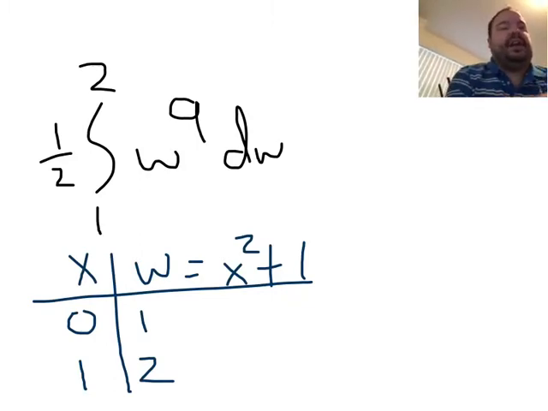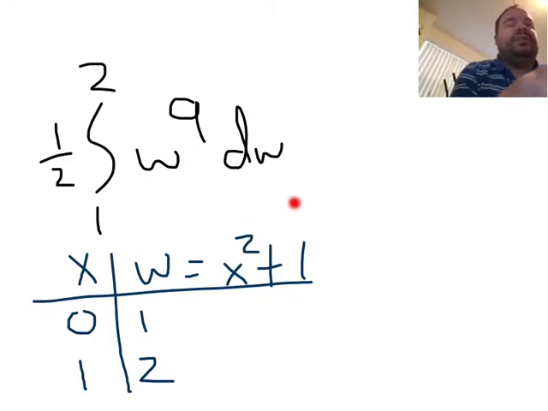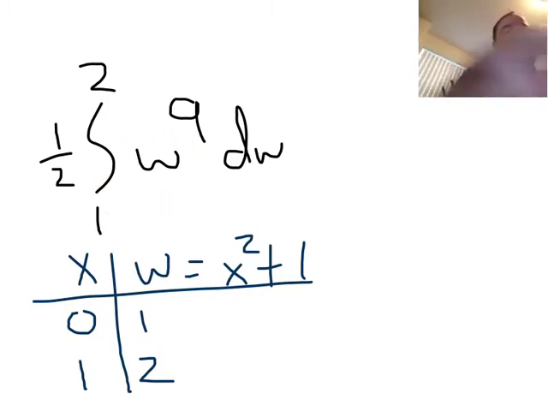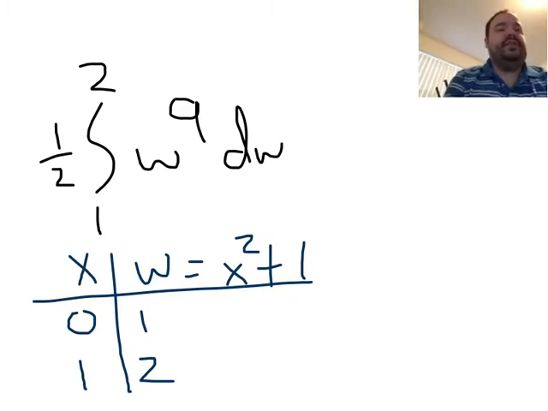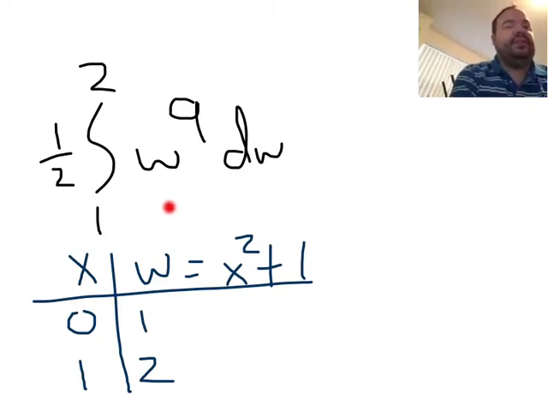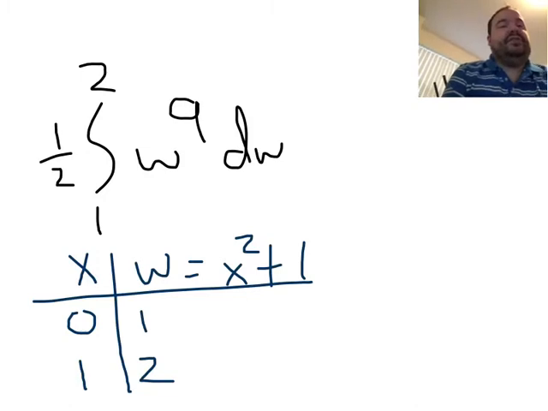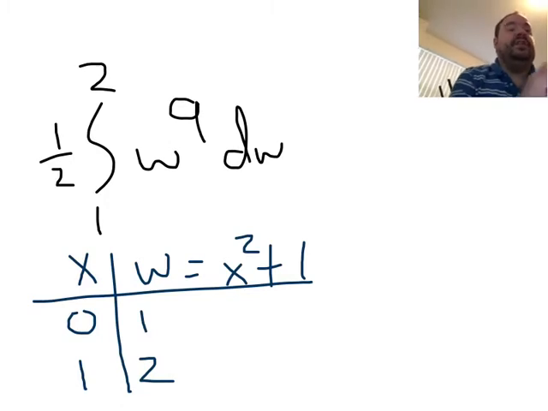So because I have a whole new problem that I really could have just started and done this, what I'm saying is that this definite integral is equivalent to the original one. So if I solve this for whatever number the answer is, that is the correct answer. So I do not need to switch back. The whole point of changing your limits is so that I can do this new problem and get the correct answer. So let's do that.